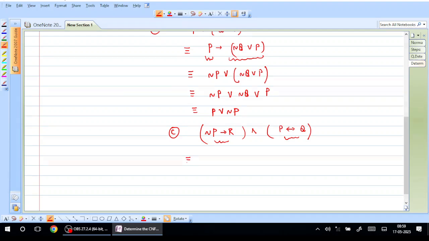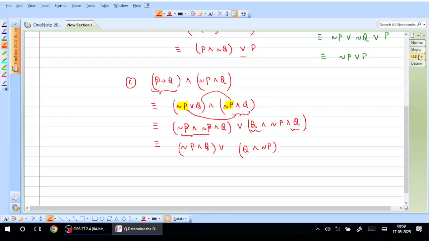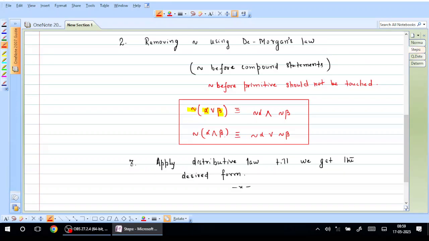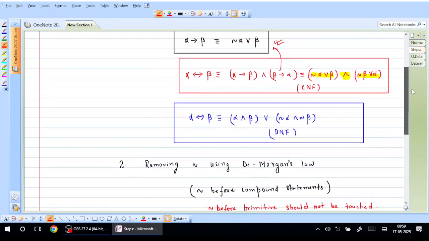For the first part, the hypothesis is negation of P, so its negation is P join R. So I am going with a very good form, meet, and then P if and only if Q. Here the conversion is in CNF, so which formula I use should be given extra care.